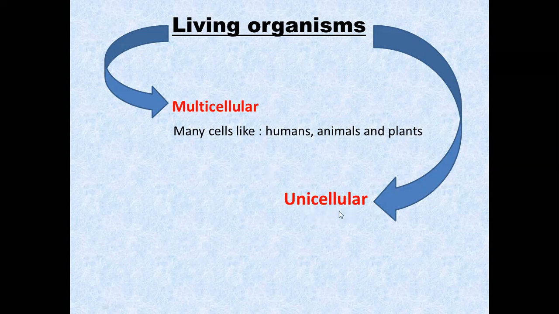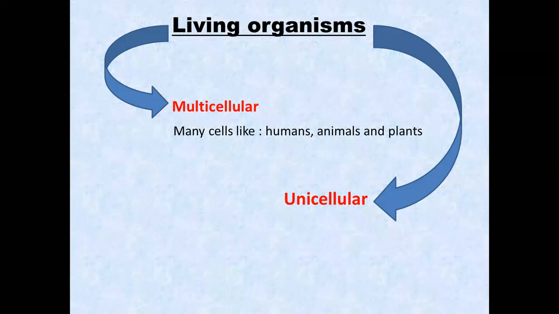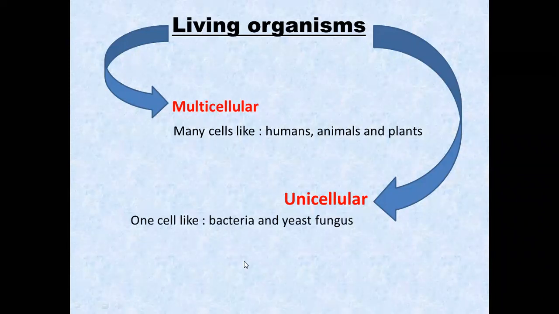But unicellular organisms are very small organisms as we can't see them by our eyes, because all of their body consists of only one cell. Like what? Like bacteria. Bacteria has only one cell in its body, and yeast fungus.